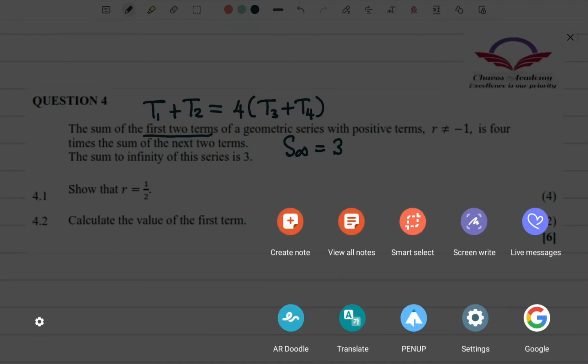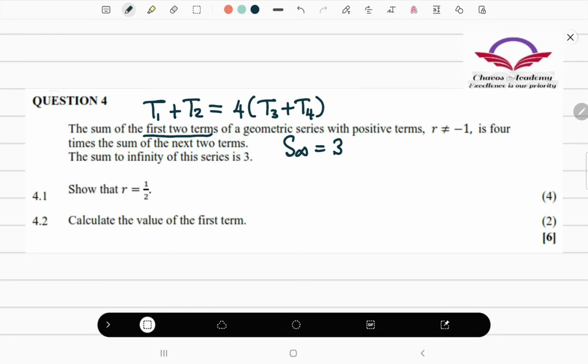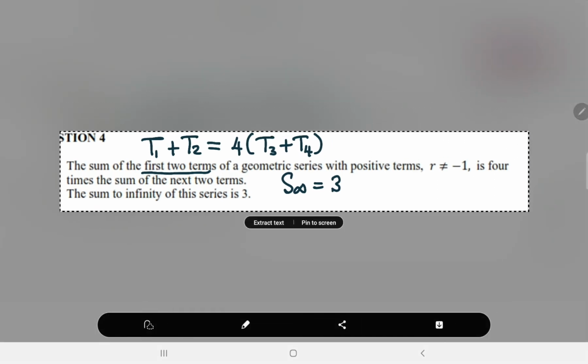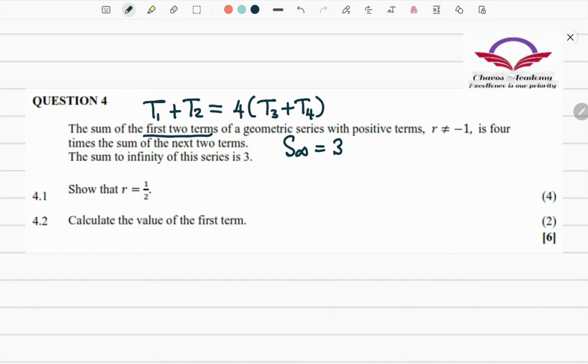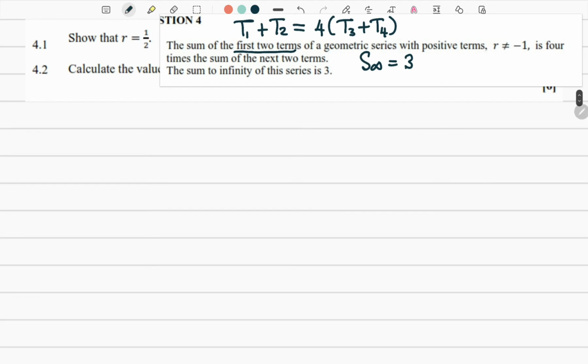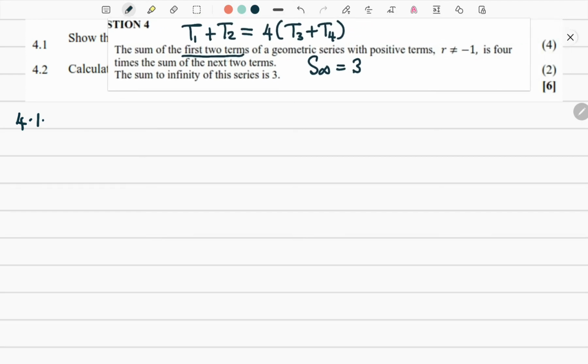Let's do 4.1 with the information we just wrote here.